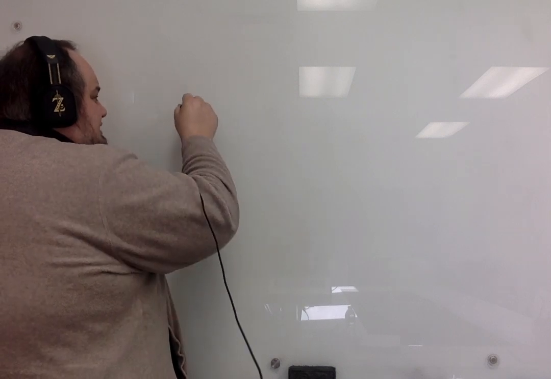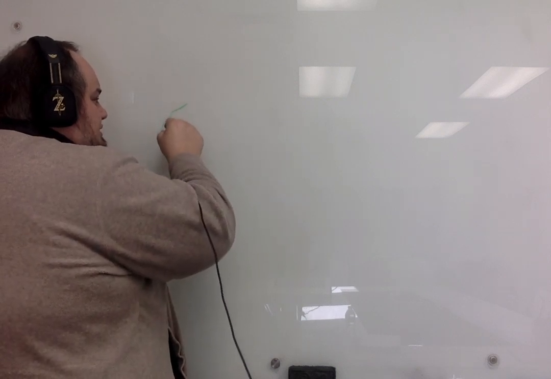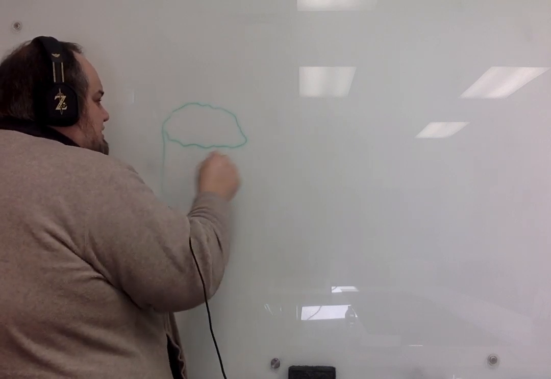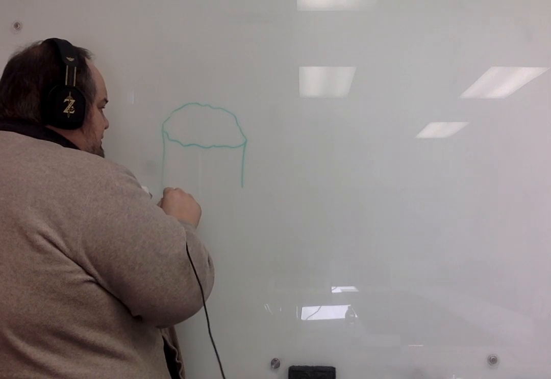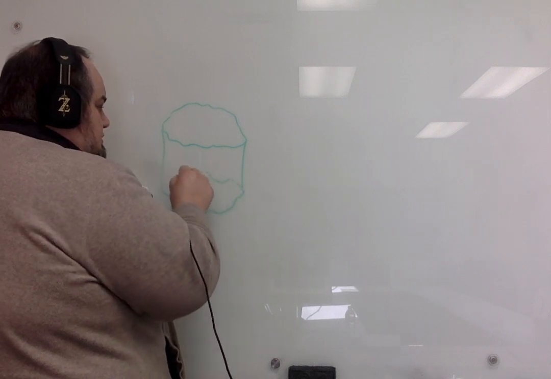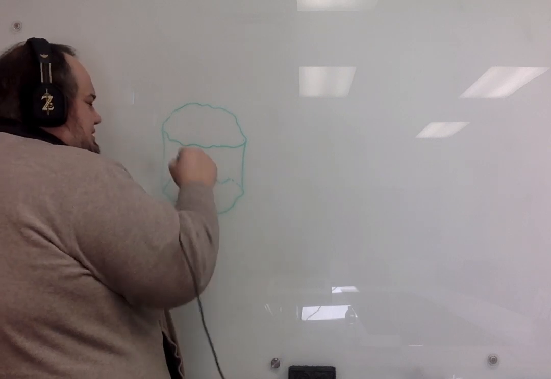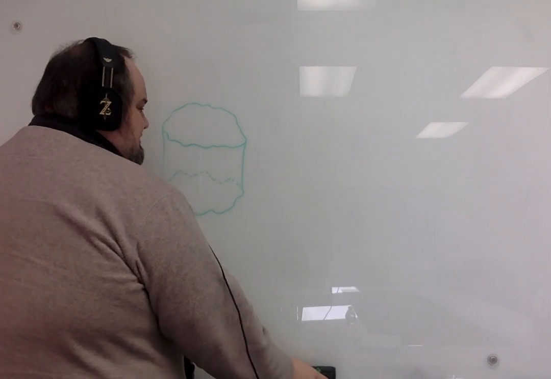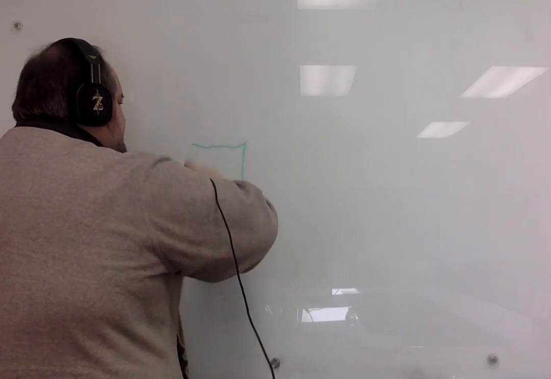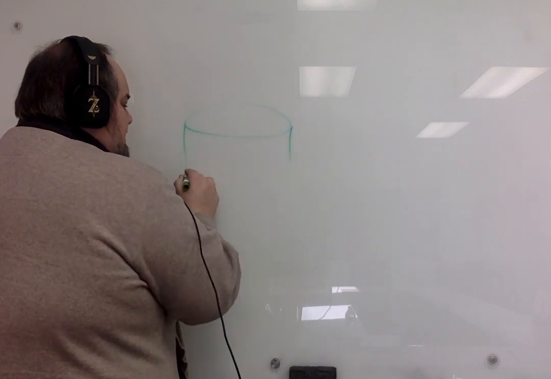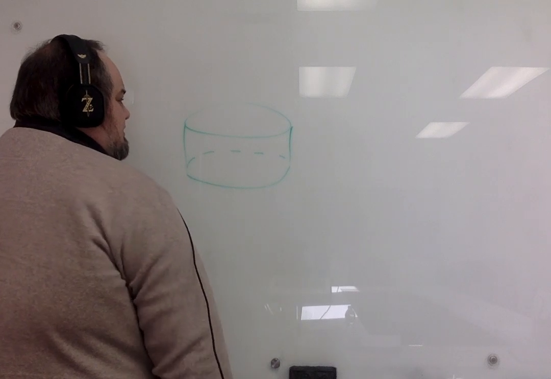But just any cylinder, we could have something that looked like this for the base, just as long as we had the same looking thing on the bottom. So as long as it was the same on the top and the bottom, then it would be a type of cylinder. Most of the time what we draw is what's called a right circular cylinder, where the top is a circle, and then the bottom is also a circle, and those are parallel.